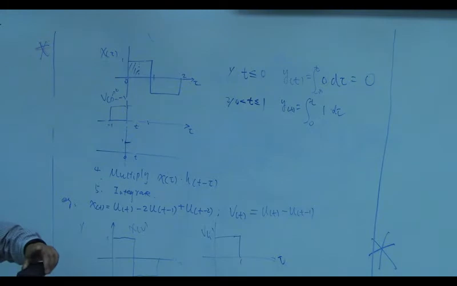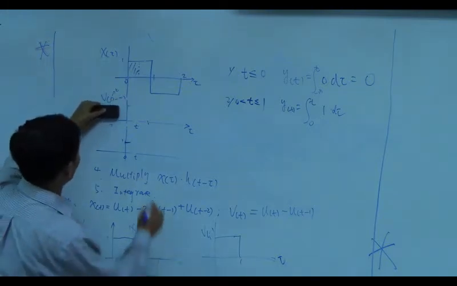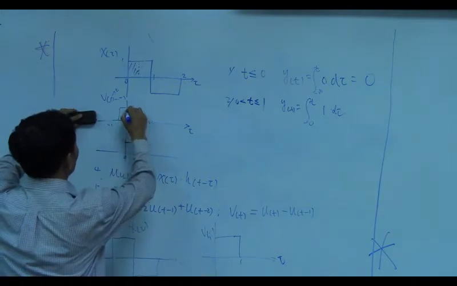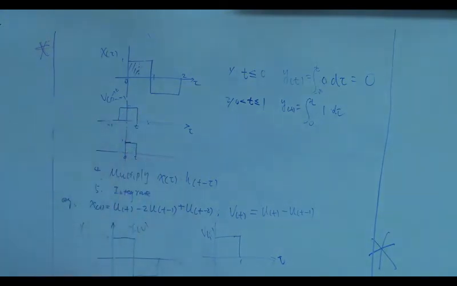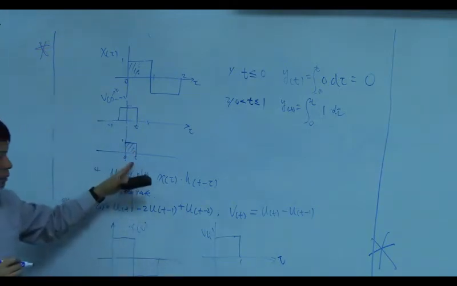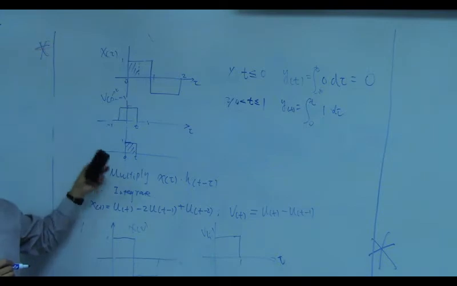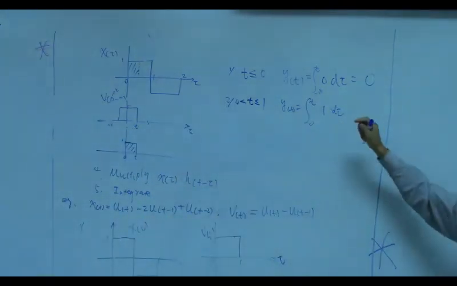Everybody clear? Alright, so this one is somewhere here like this, then this is the product. And we just need to integrate this part from 0 to t because we don't need to care about the others. Others is nothing. Alright, what is this?